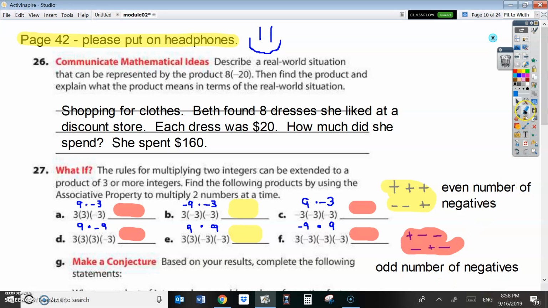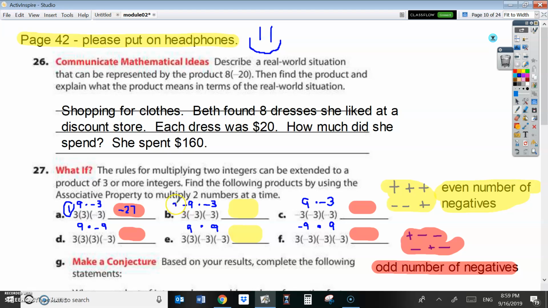So if you have an even number of negatives, you have a positive product. If you have an odd number of negatives, you have a negative product. How many negatives do we have right here? Here we have 1, 1 is odd, so that has to be negative. 9 times 3 is 27, negative 27.